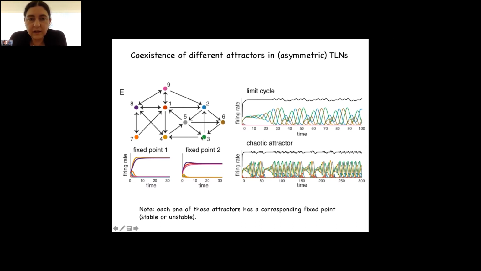And you can see there's a 3-cycle in the graph corresponding to this attractor. So one of the things that we want to understand is, given one of these graphs, can we predict what these attractors will be? Maybe we won't predict the fine details of the attractors, but we can at least predict the subsets of neurons that will support the attractors and whether they're stable fixed points or dynamic.